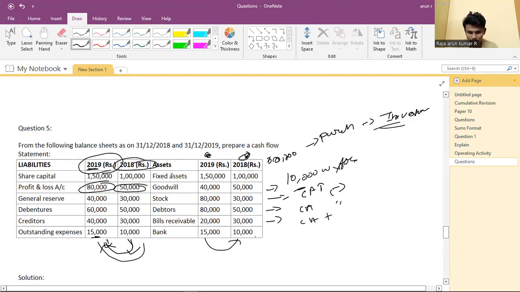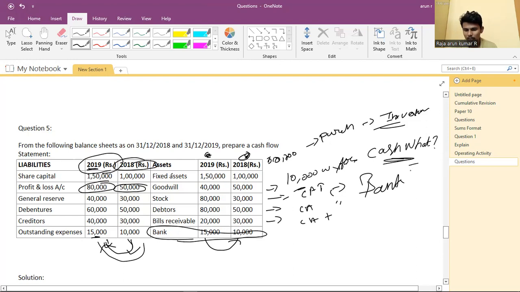Then bank, in the bank, this is the transaction you must be aware of. What is bank? Cash includes what? Cash in hand and cash at bank. Okay.